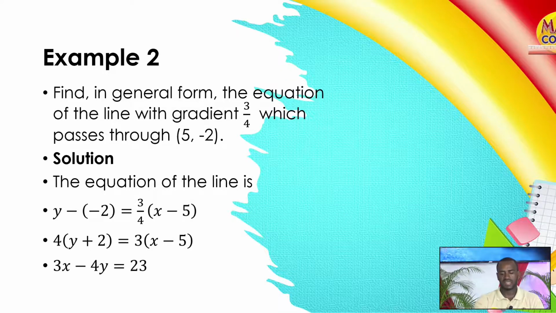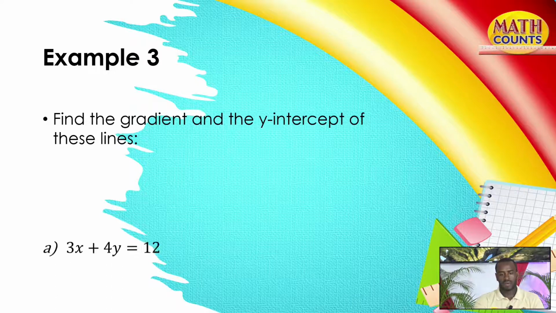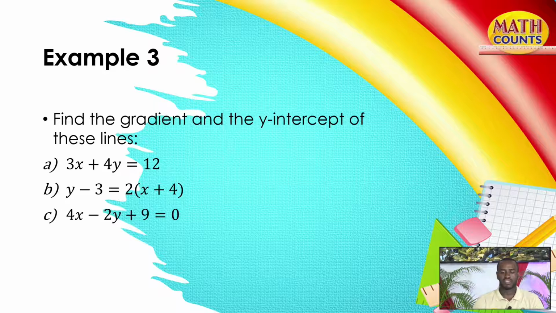And in this case, I would like you to pause the video and go ahead, try them for yourself, and then you return to go through the solution with us. The first question is 3x plus 4y equals 12.